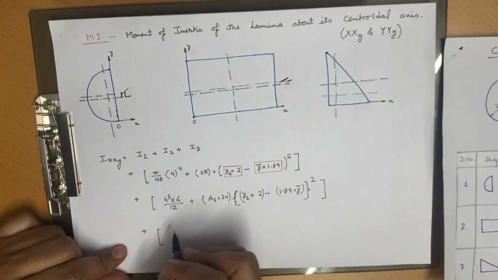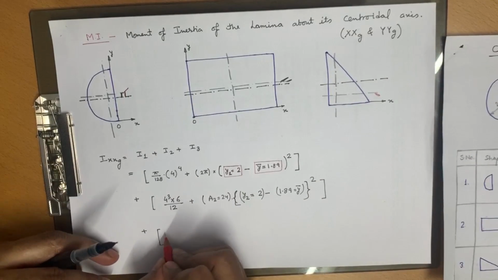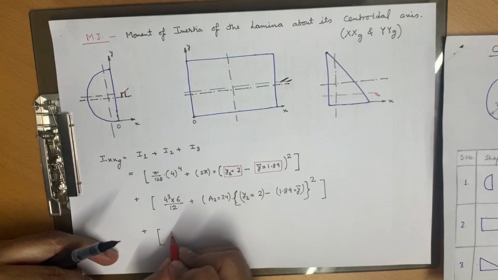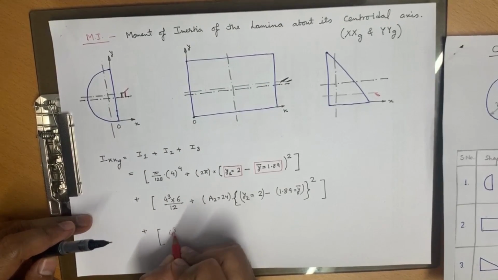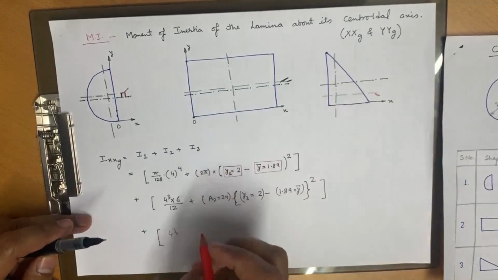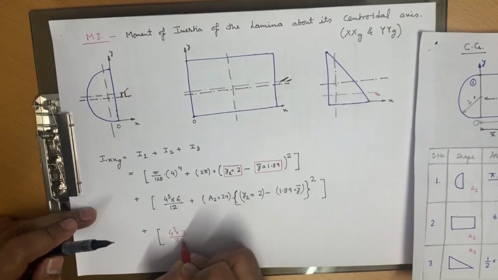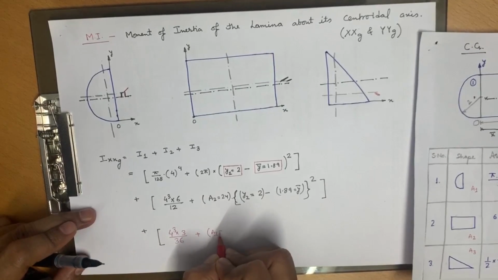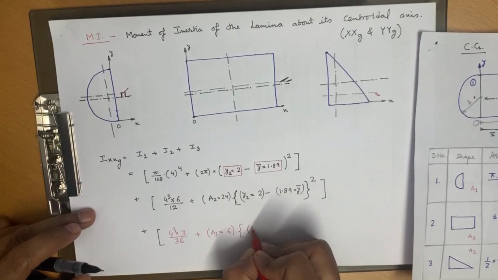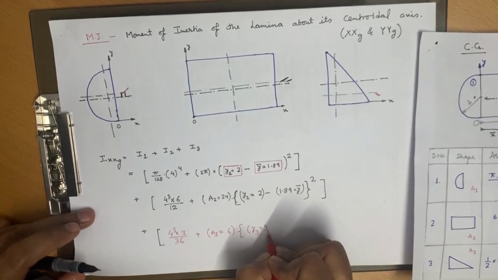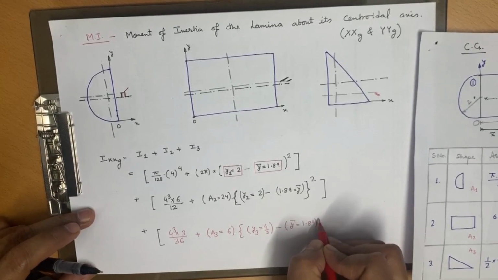And plus third one. The moment of inertia about this line is equal to 4 whole cube, because we have to cube this height, multiplied by base which is 3, upon 36, plus area A3, which we already know is 6, multiplied by y3, which is 4 by 3 minus y bar, that is 1.89.